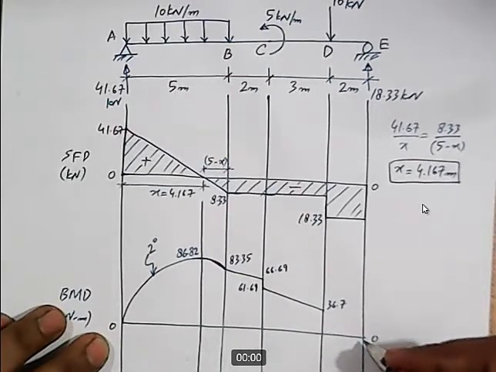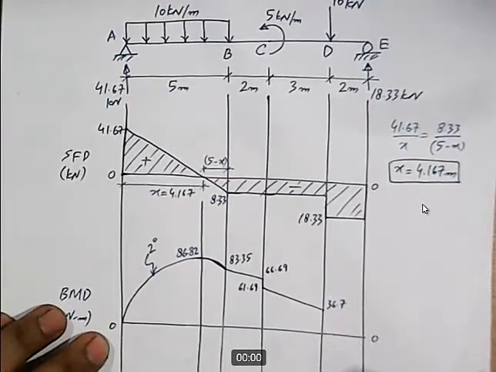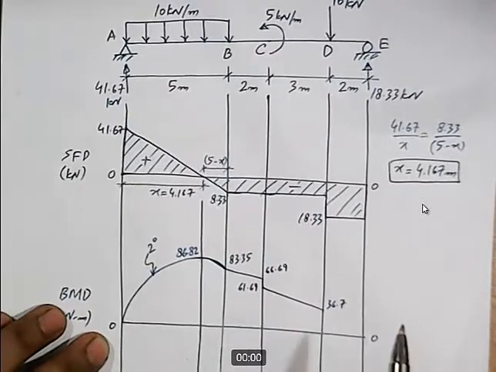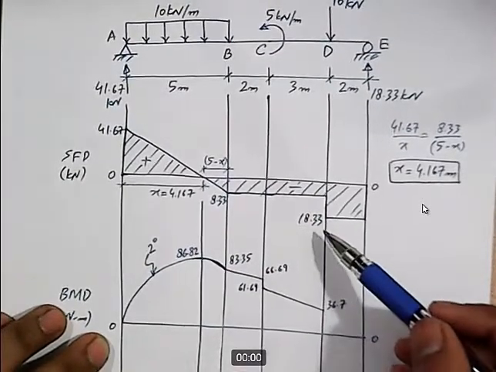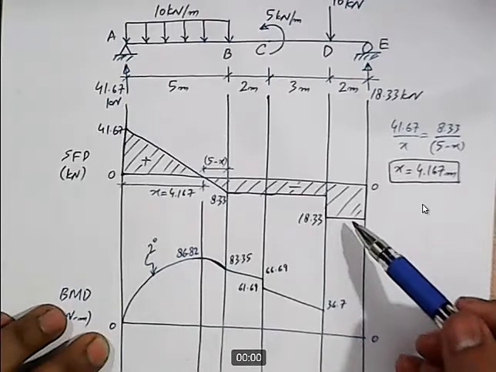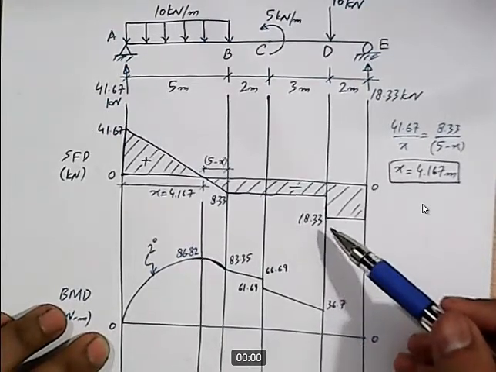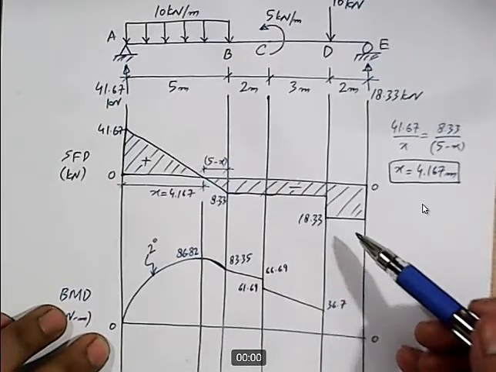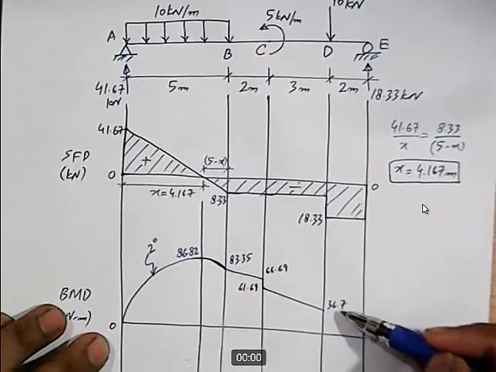And if you calculate the value of moment at this roller support, sometimes you may get a very small value like 0.0 something. That very small value appears because of the rounding off error in our calculations. So if this value is very small, you can take that as 0. For example, in this case 18.66, if you multiply that with 2, you will get 36.66, whereas the value here is 36.7.